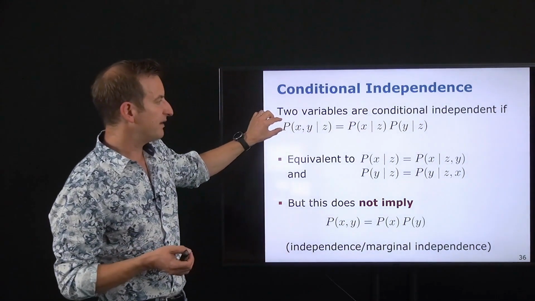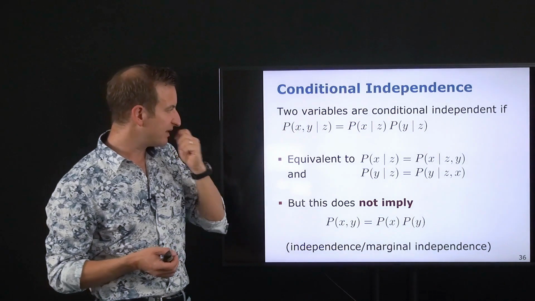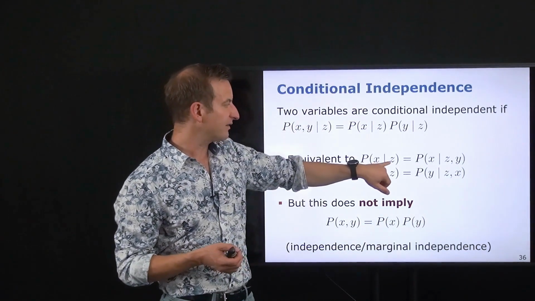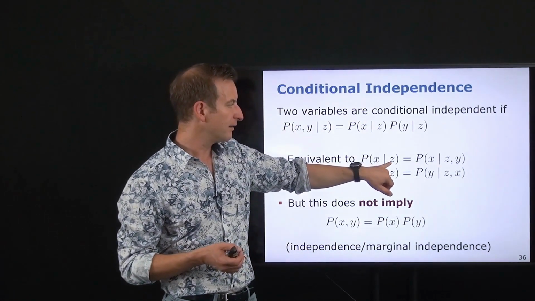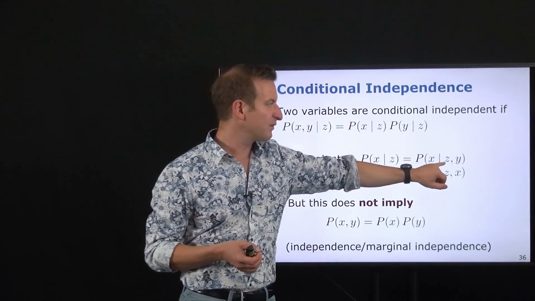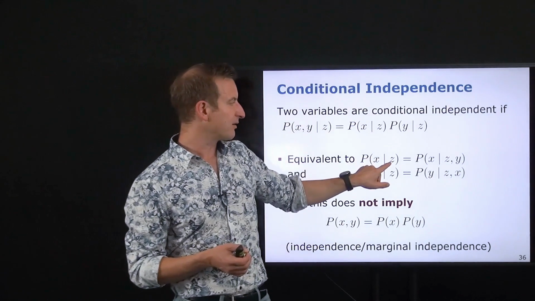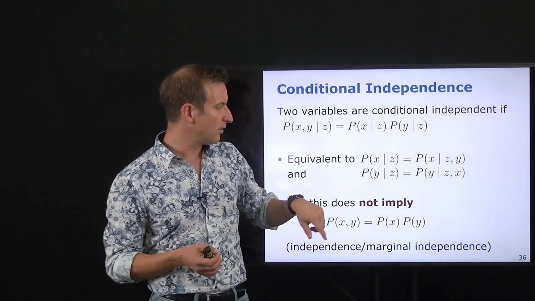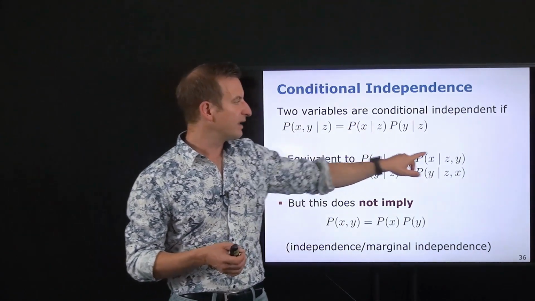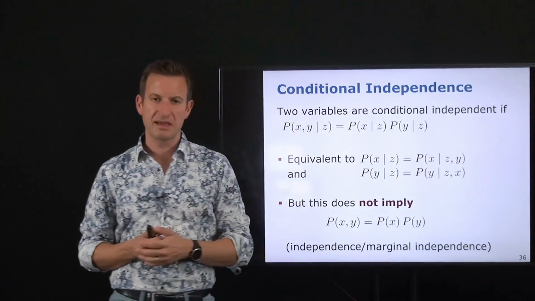So this conditional independence means nothing else than that p of x given y and z is the same as p of x given z. Sorry. So if I have the background knowledge and the conditional independence holds, then knowing y doesn't tell me anything about x.